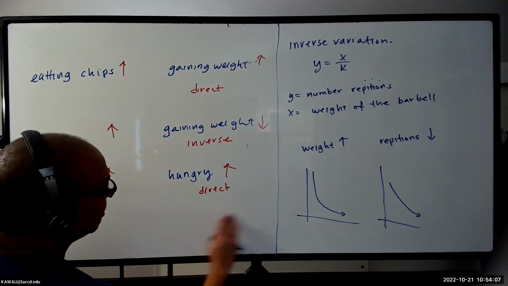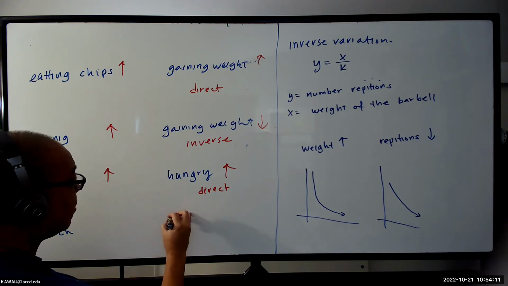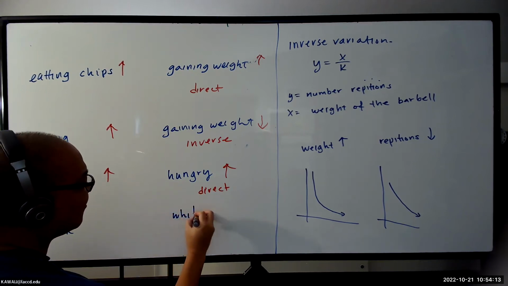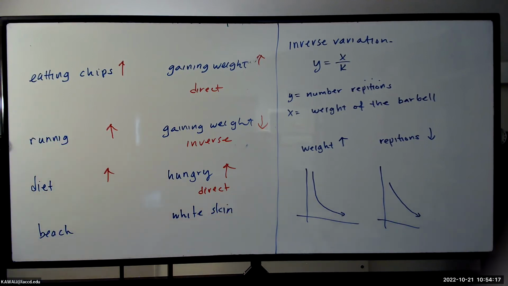Let's go to the beach, and let's say get tan. Oh, you get tan? I want something that does the opposite. What's the opposite of when you go to the beach? You go to the beach, you get dark skin. Yes. So this is opposite, so this is inverse.